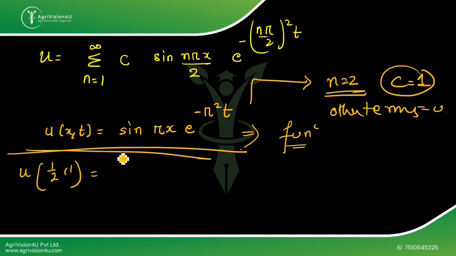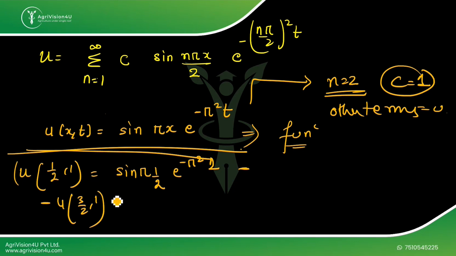Put the values, you will get sin(pi by 2) e to the power minus pi squared into 1, minus u at 3 by 2 and 1, in whole multiplied by e to the power pi squared.